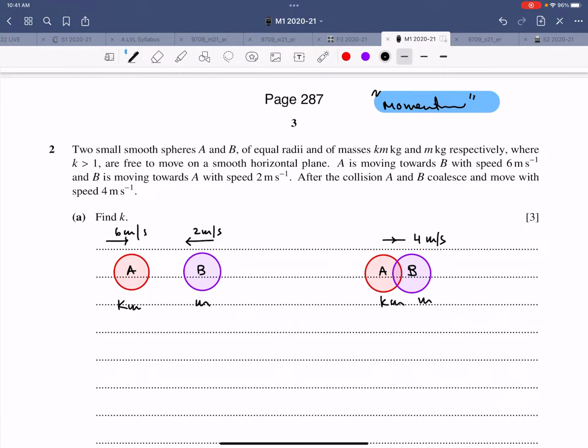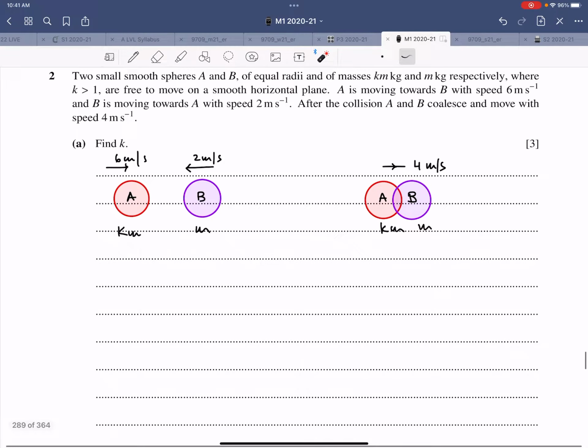Now it is natural that when you have such a large mass, km would be greater than m, and such a great speed, so whatever is the direction of A, that would be the direction of A plus B. It would push it in that particular direction.